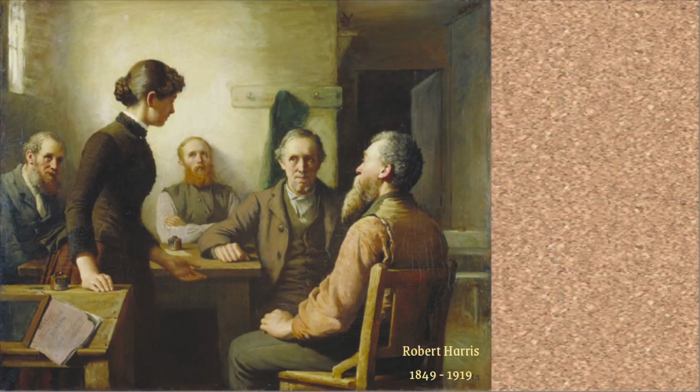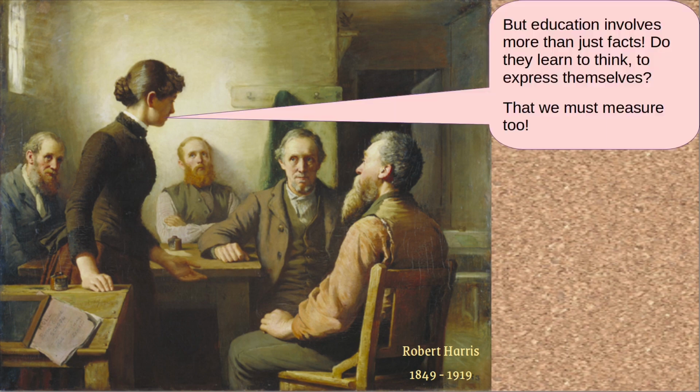Let us now progress. Unfortunately, the artist Robert Harris had died a few years before he could have painted this scene of a heated school board meeting. Mrs. Erudite, representing the faculty, reminded the board that there is more to education than just factual knowledge.